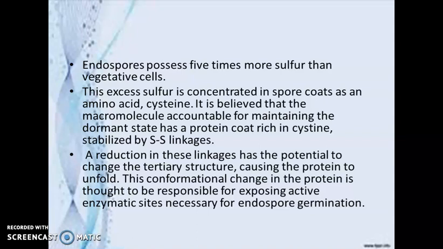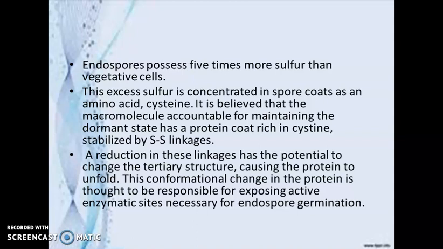It is believed that the macromolecule accountable for maintaining this dormant state has a protein coat rich in cysteine, which is stabilized by S-S, that is disulfide linkages. So, the dormant state has a protein coat rich in disulfide linkages.